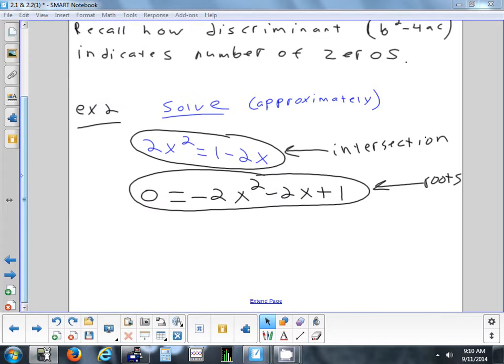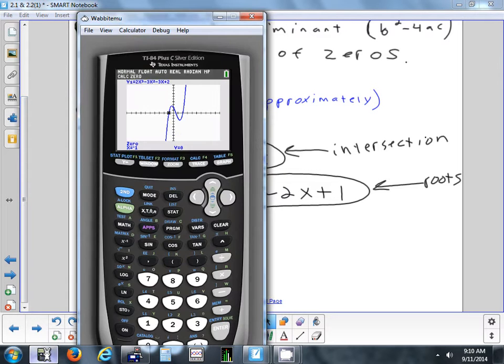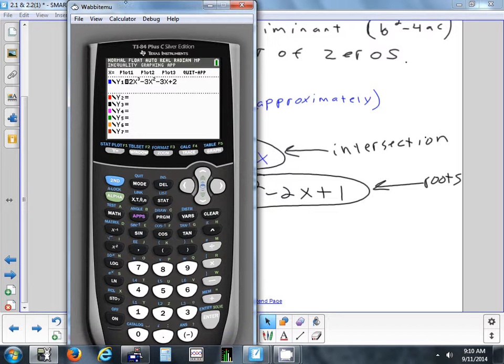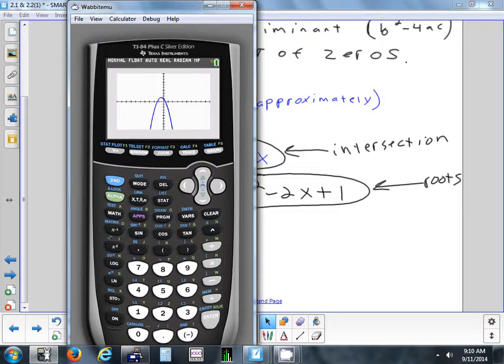Okay, so it's negative 2x squared minus 2x plus 1. Try zoom 6 and we'll see what we get. Yeah, that's good. And now we'll find the 2 roots.